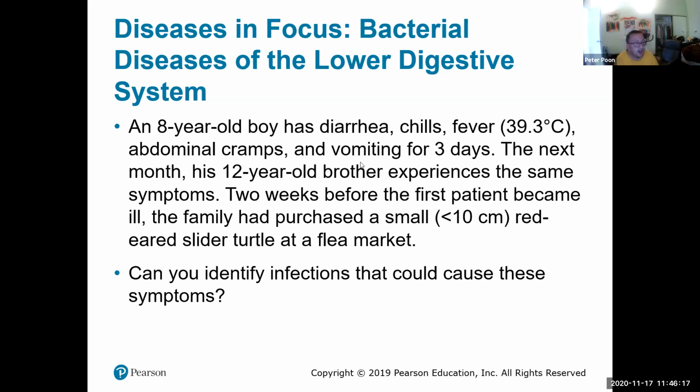Okay. So, eating a slider at a flea market. This case is always salmonella. Like I said, turtles are famous for having salmonella. This is why they don't allow those small little turtles to be sold. They're actually illegal to sell, although you can still find them everywhere, especially in Chinatown.